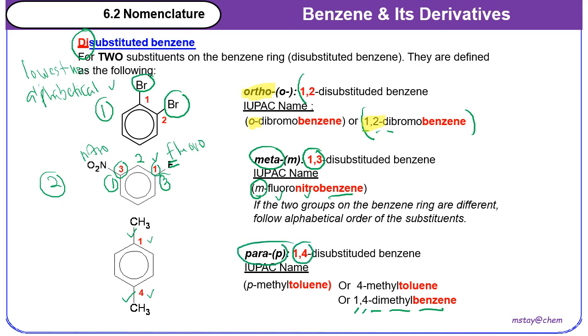If you still remember, just now we said that toluene is a benzene ring with a CH3. The 4-methyl here is referred to because already 1, 2, 3, 4, so this is 4-methyltoluene.